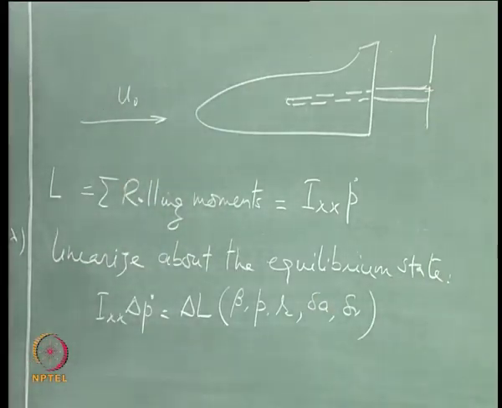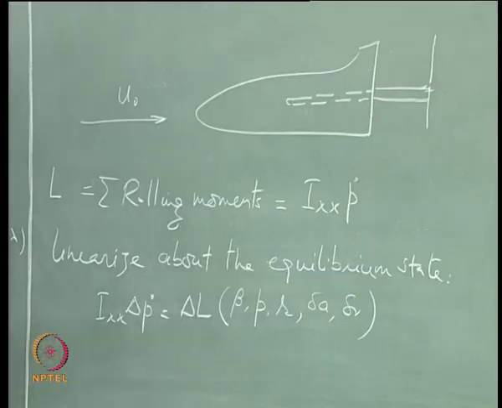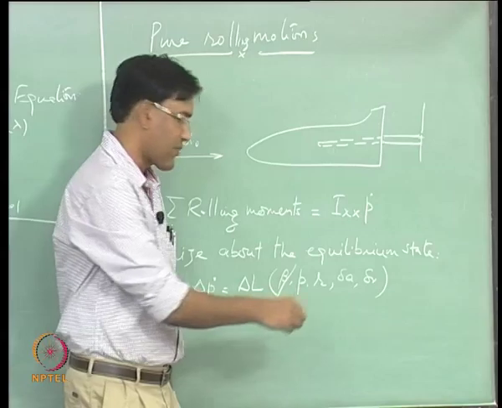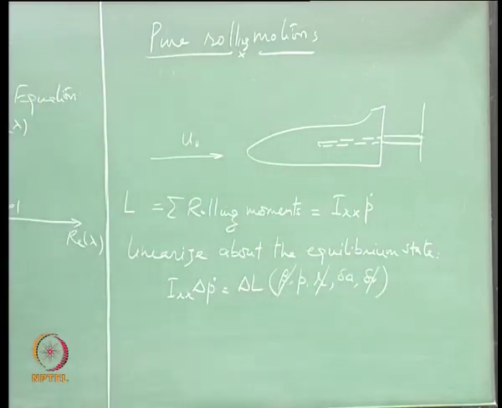So, since I am not providing any degree of freedom to this aircraft in the yaw direction, I can drop beta and r from here and also delta r, right.